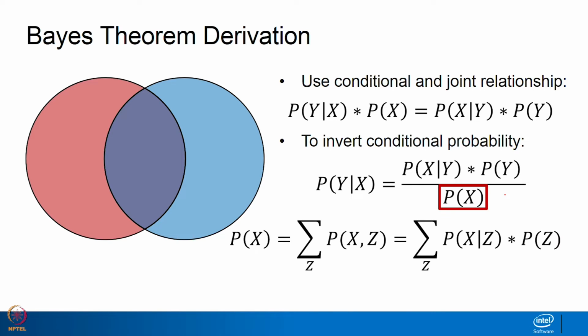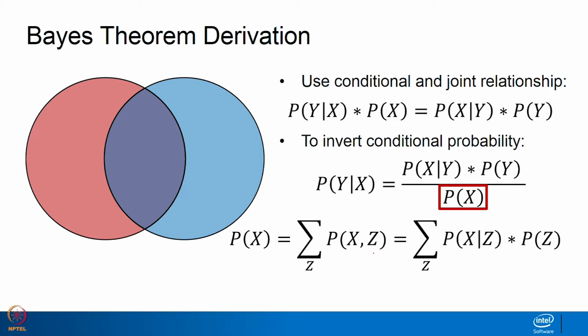Similarly, the denominator p of x can be derived by marginalizing the joint probability over some event z. So p of x is the summation over z of the joint probability p of x comma z, which can also be written as the conditional probability p of x given z times p of z.